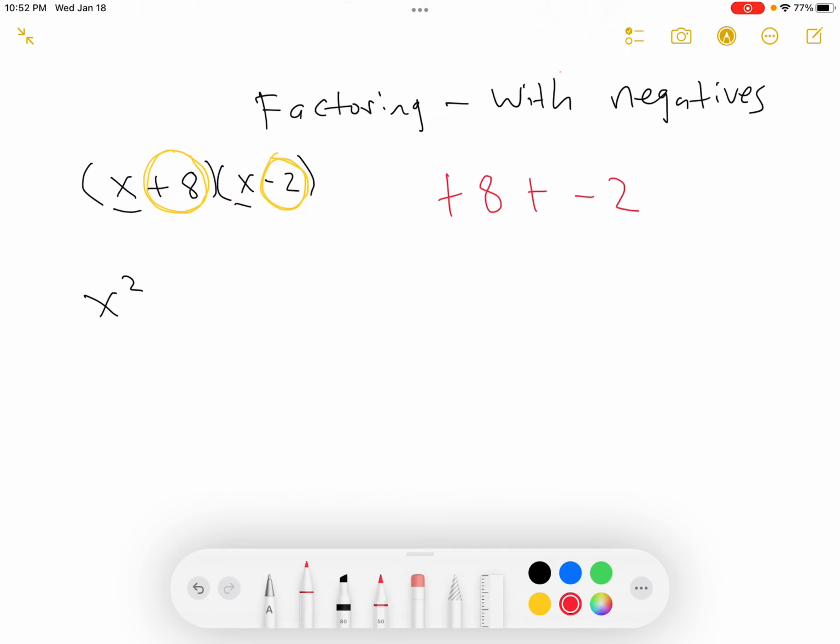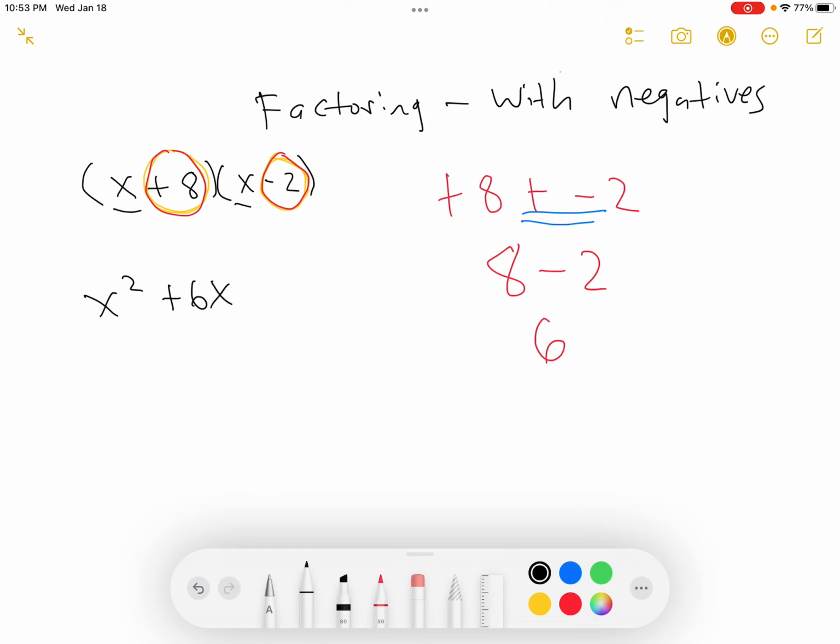If ever you see a positive next to a minus, that always turns into a minus. That's 8 minus 2, which is 6. We're adding these together to get the middle number, and 8 plus negative 2 is the same thing as 8 minus 2. So that middle number is going to be positive 6x.